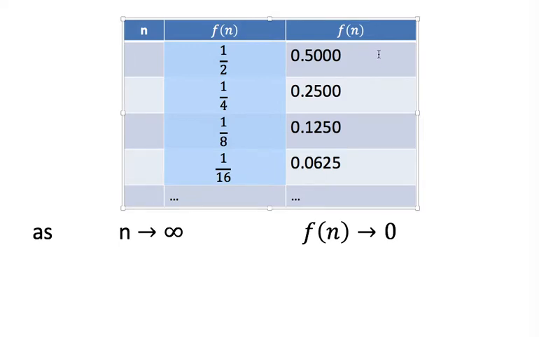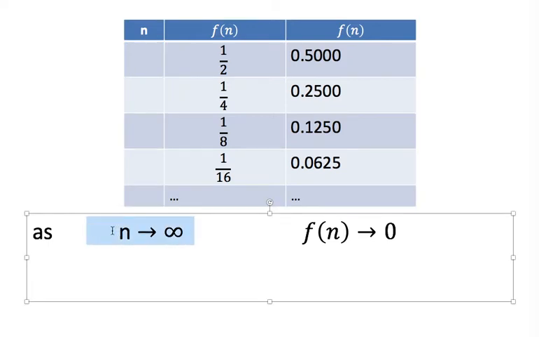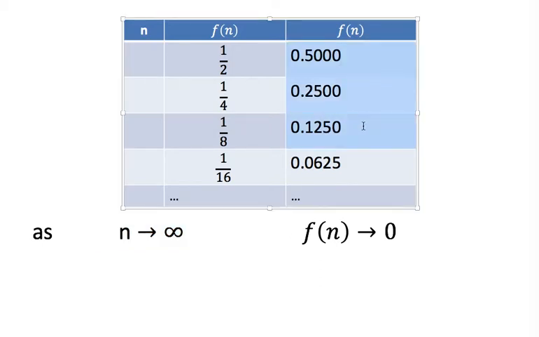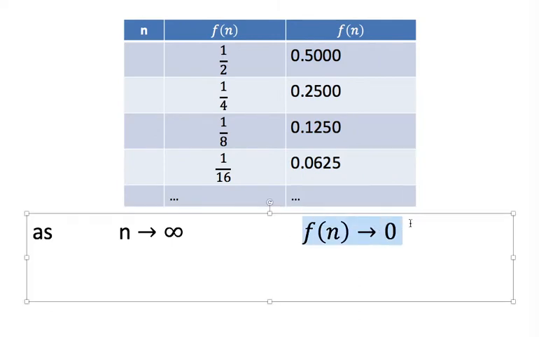And here it is in decimals. 1/2 is the same as 0.5, 1/4 is the same as 0.25, etc. So as you notice, this number keeps on getting smaller, smaller, and smaller. And if we were to continue going down, as the sequence continues, as n goes towards infinity, this f of n number keeps on getting smaller and smaller and smaller, heading towards 0.